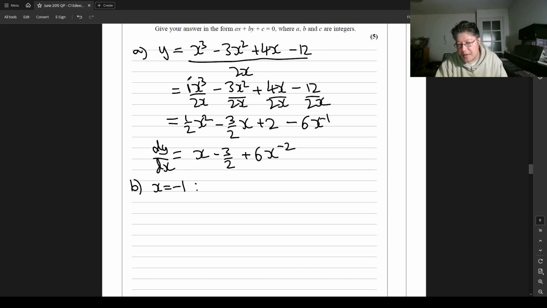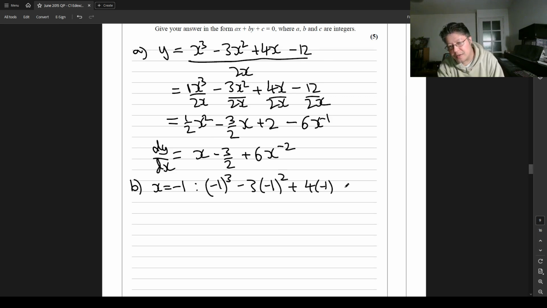So let's substitute minus 1 into the original equation. So we get minus 1 cubed minus 3 times minus 1 squared plus 4 times minus 1 minus 12, that's the numerator. Then over the denominator, that's 2 times minus 1, and we can work this out. That's minus 1.